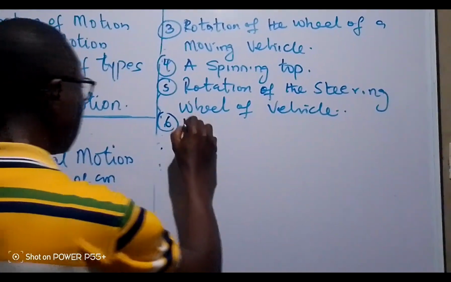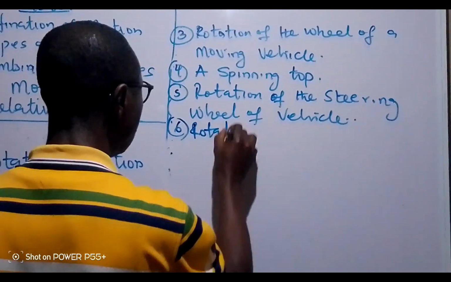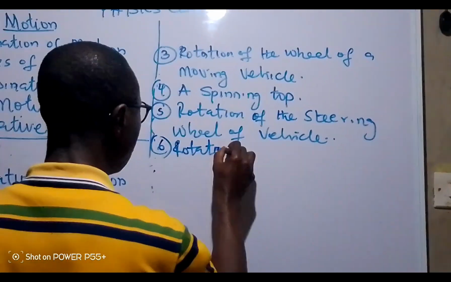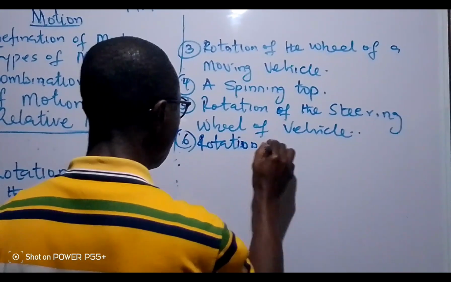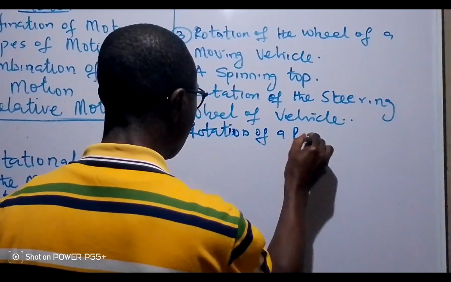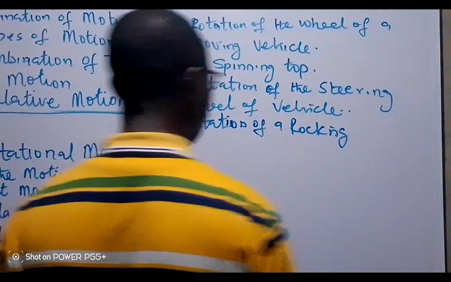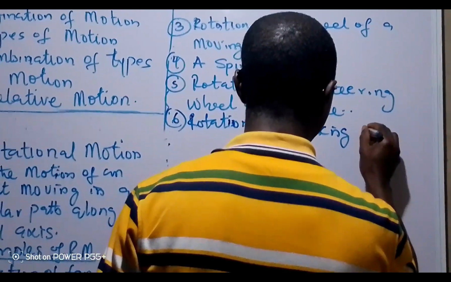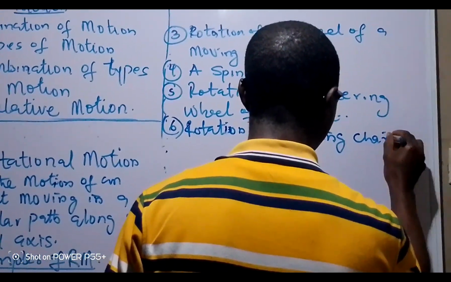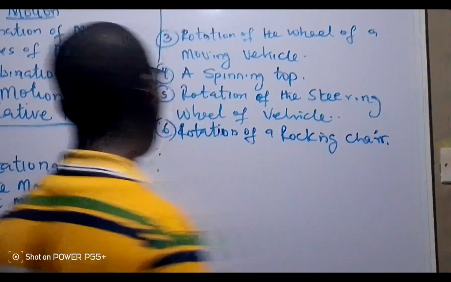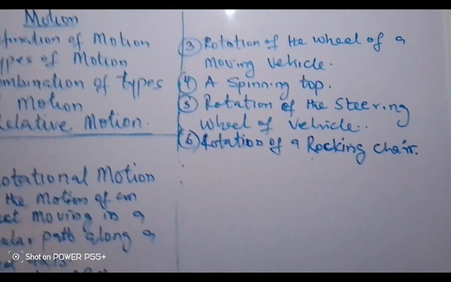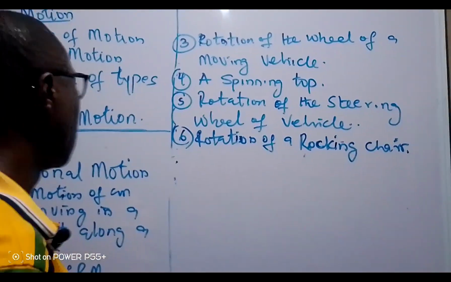Number 6, rotation of a rocking chair. These are few examples of rotational motion.